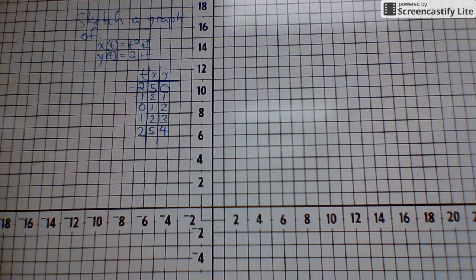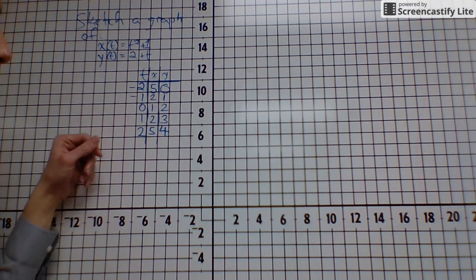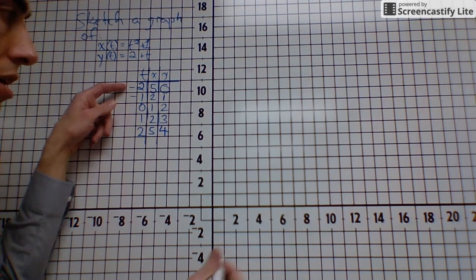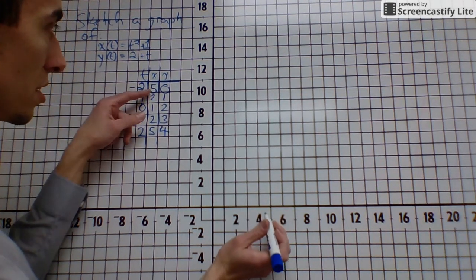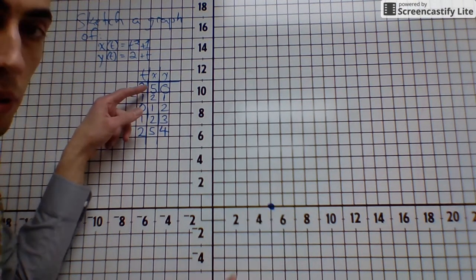All right, now we know that with parametric equations, we have a position and we have direction. So the order that we graph these matters. We'll start with the least value of t, which is -2, and graph that point first. X is 5 and y is 0, so we'll plot that point there.